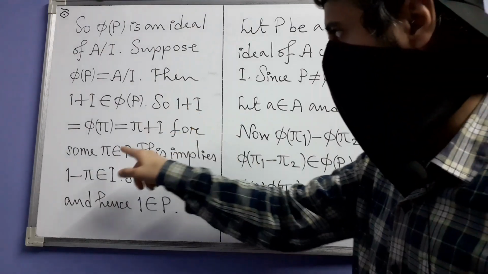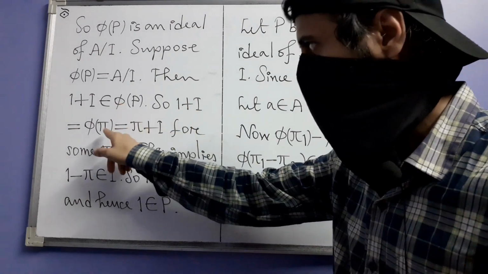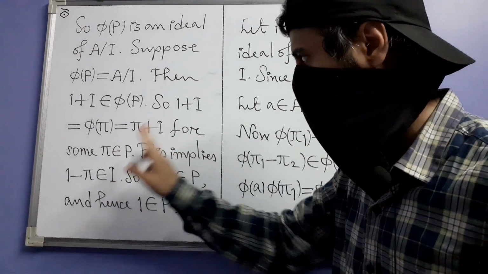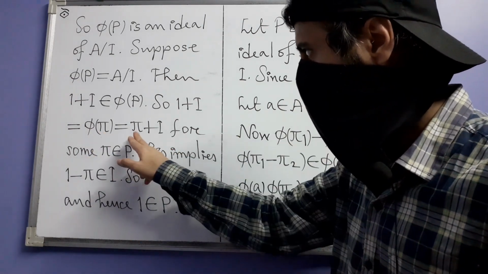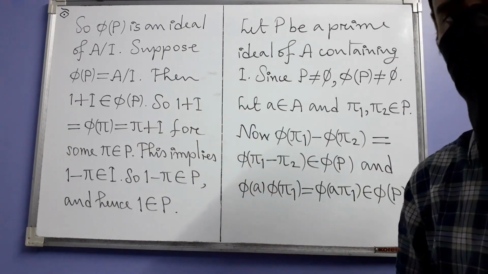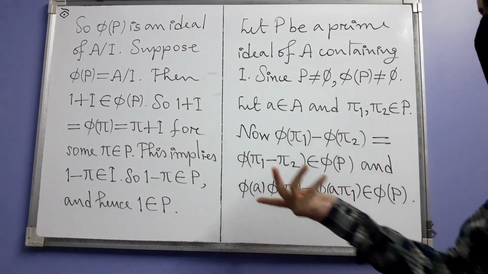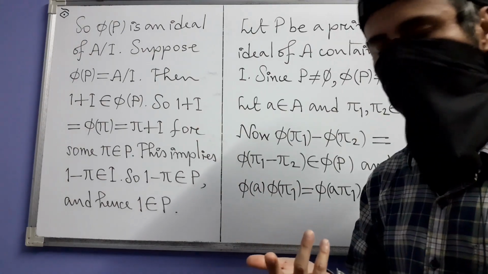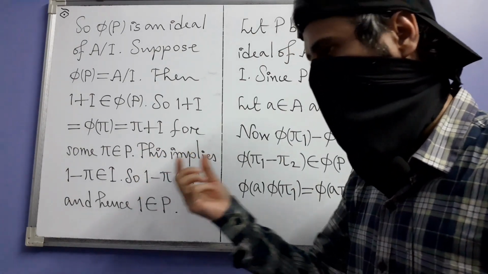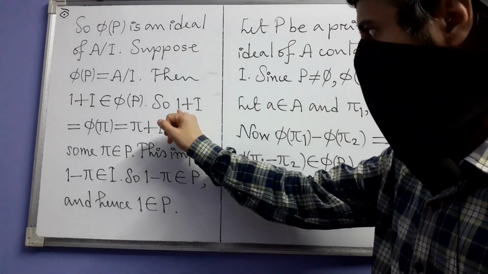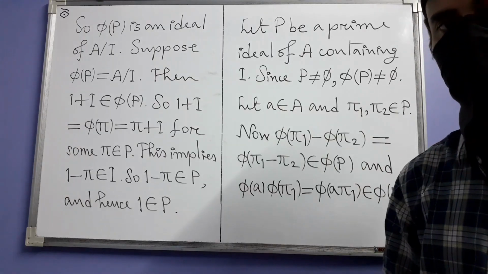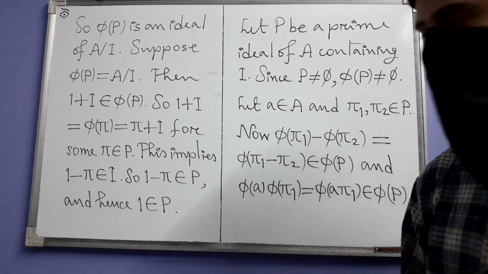So that will be equal to some element from phi of P, which will look like this, phi of pi for some pi belonging to P, but this is just pi plus I. So if these two cosets are equal, you know from the condition when two cosets are equal, if you take the difference of their representatives, in this case 1 and pi, then that difference belongs to the ideal whose coset you are considering.